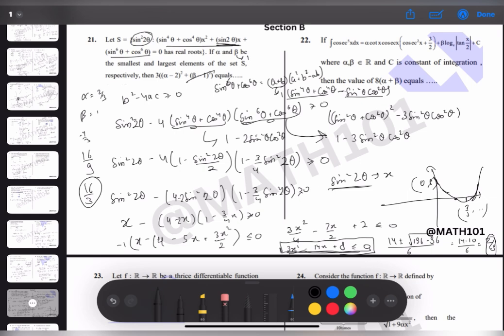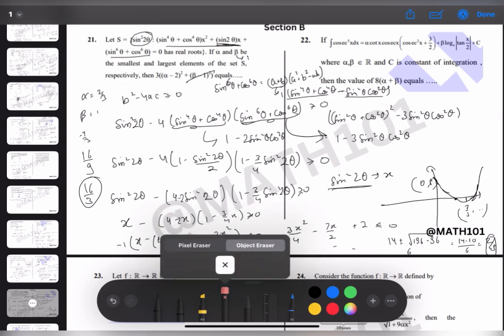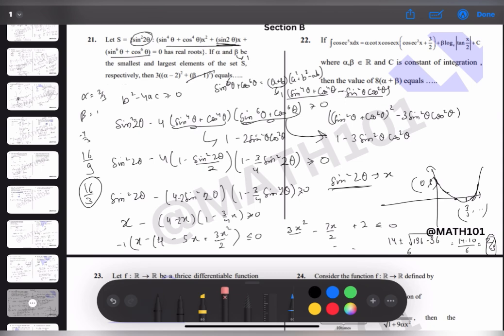So we get 3x squared by 2 plus 6x minus plus 4, minus 6x plus 4, which is 3x square minus 12x plus 8 less than equals to 0.